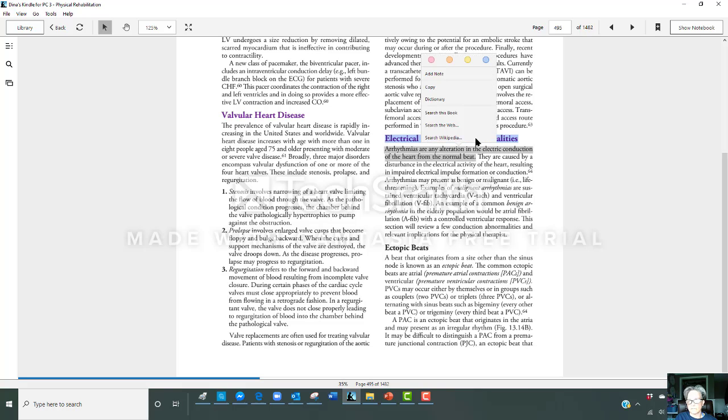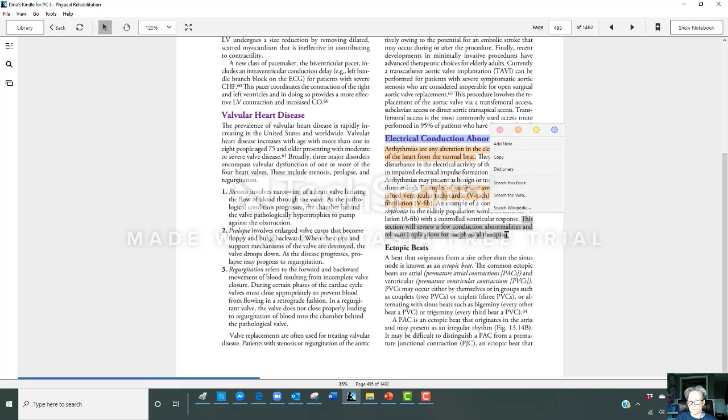Examples of malignant arrhythmias are sustained ventricular tachycardia, VTach, and ventricular fibrillation, VFib. An example of a common benign arrhythmia in the elderly population would be atrial fibrillation, AFib, with a controlled ventricular response. This section will review a few conduction abnormalities and relevant implications for the physical therapists.